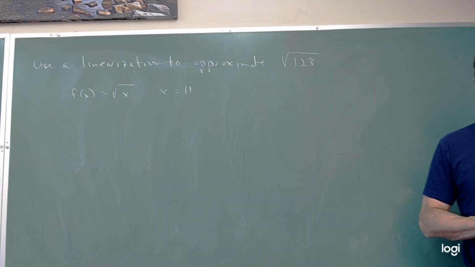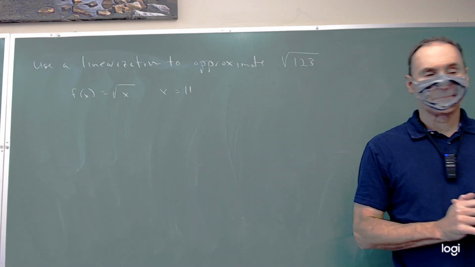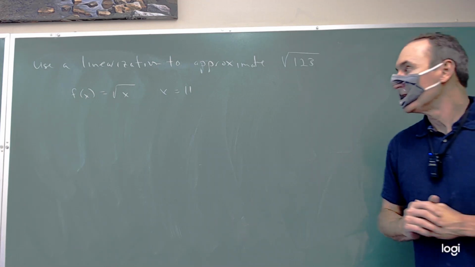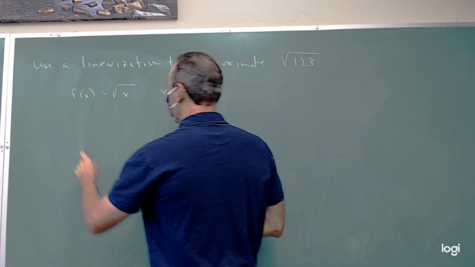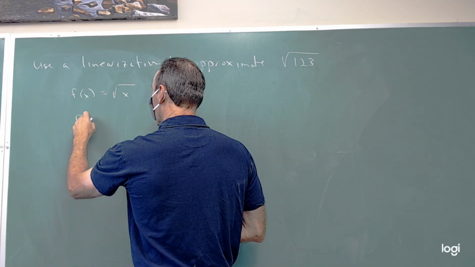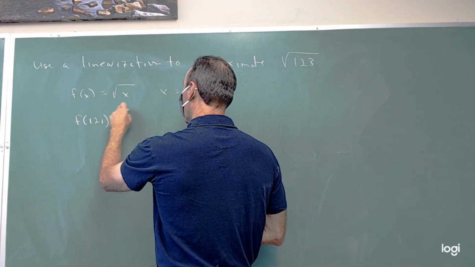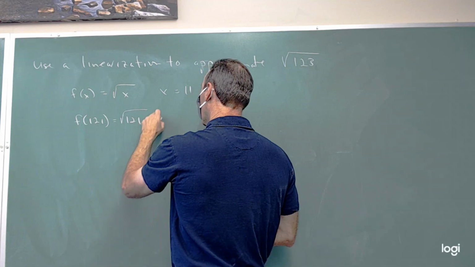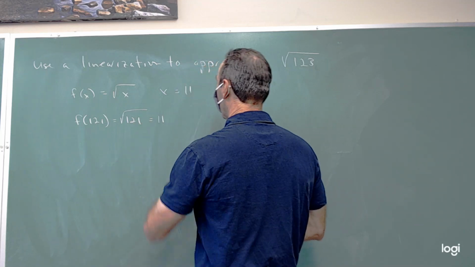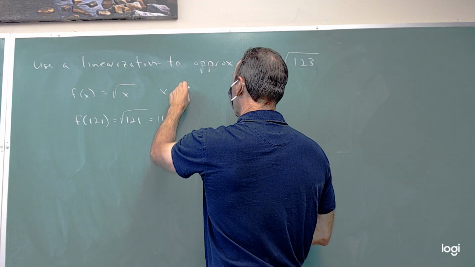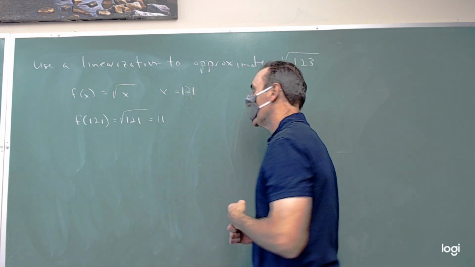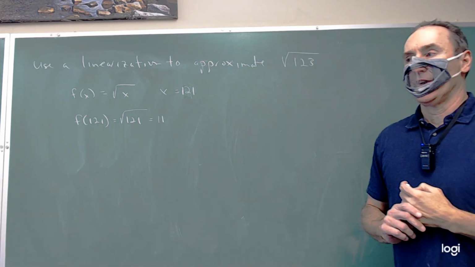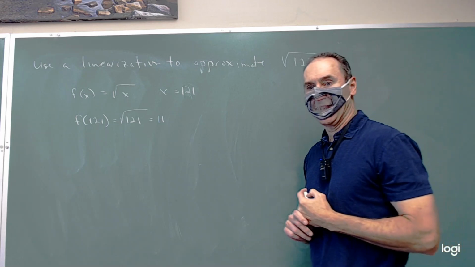Once you come up with a tangent line, then you're going to plug in what you need to evaluate that. I'm sorry, x is not 11, x is 121. That's what Priya was trying to tell me and I wasn't hearing her.